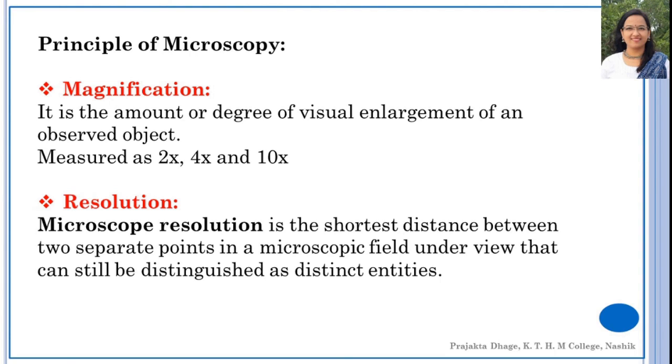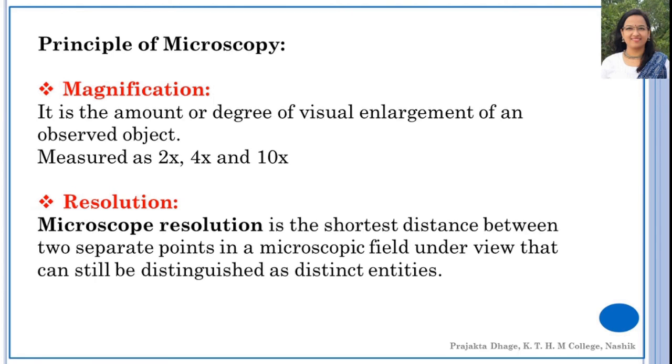Now what is resolution? It is the shortest distance between two separate points in a microscopic field under view that can still be distinguished as two distinct entities. Supposing you are observing something under a microscope and there are two very minute objects placed very close to each other.